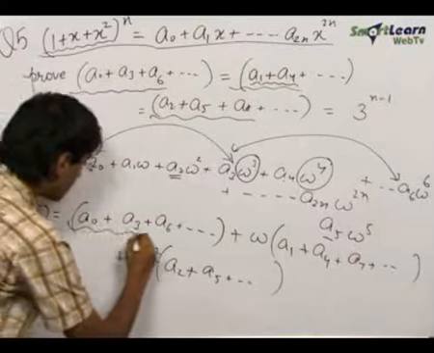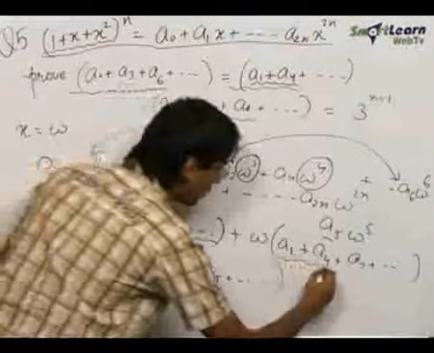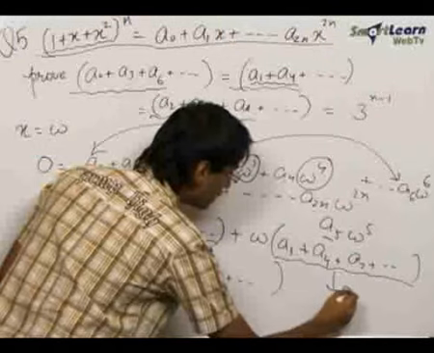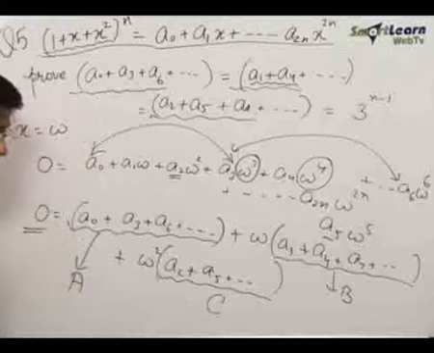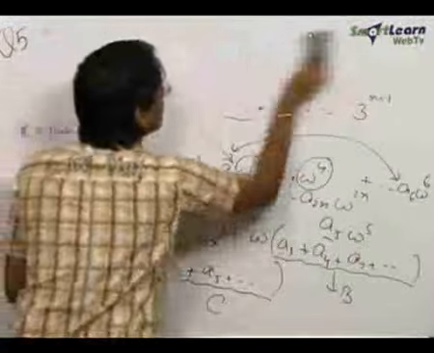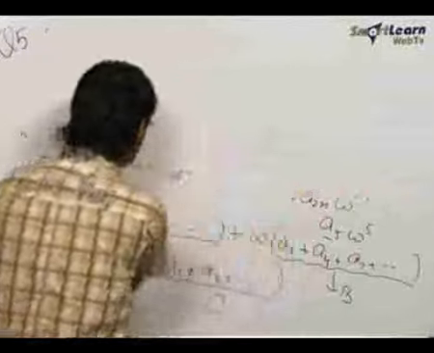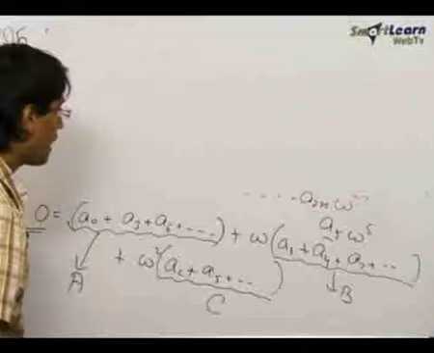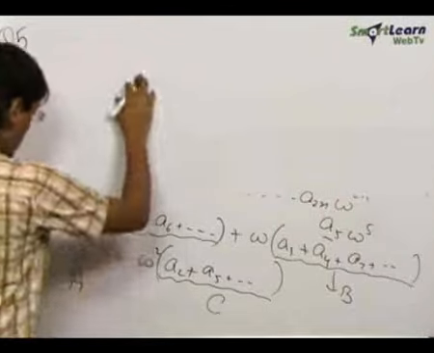So let us take the value of this thing as A, this as B, and this thing as capital C. We need to prove that capital A is equal to capital B is equal to capital C, and the value is 3^(n-1) as asked in the problem.